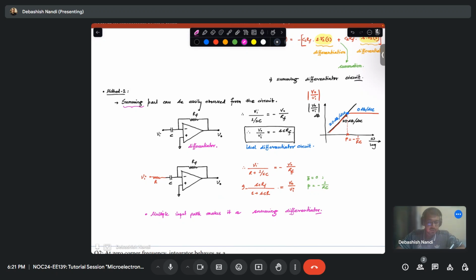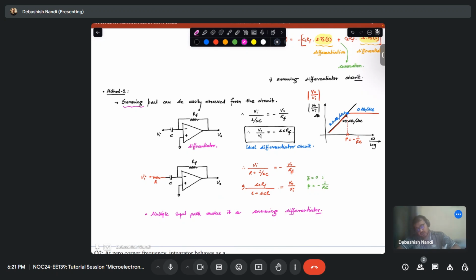Okay. So you should understand how these high pass filters with active elements are being realized, because these are very important for your competitive exams or the entrance exams at master's level.